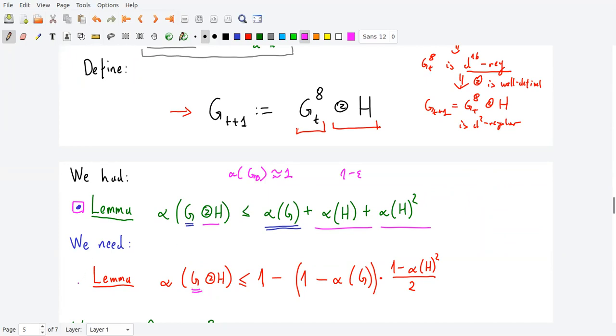And this understanding is given by the following lemma: if I do a zigzag with H, then the alpha of the resulting graph is bounded as follows.